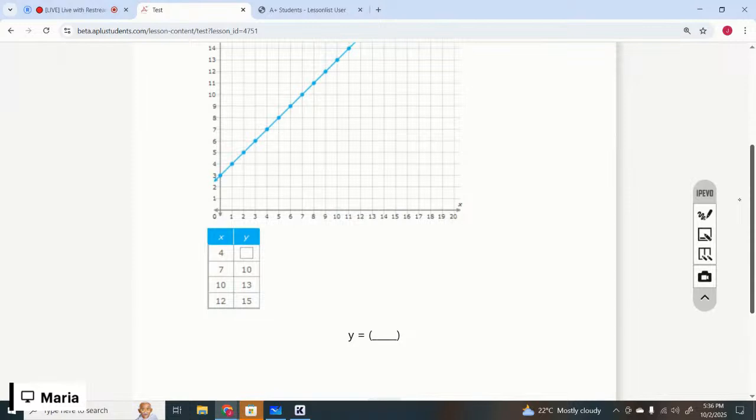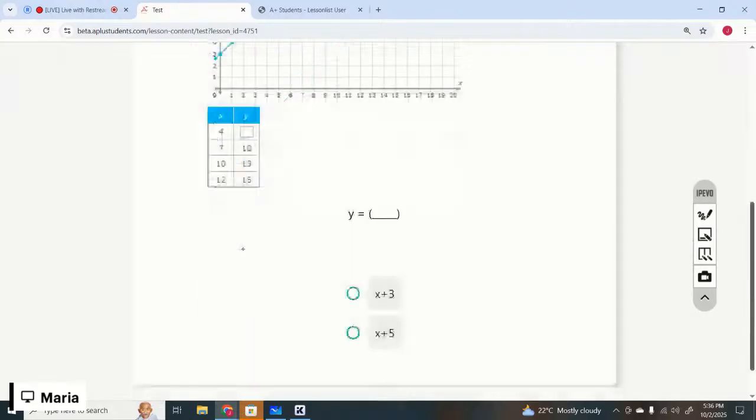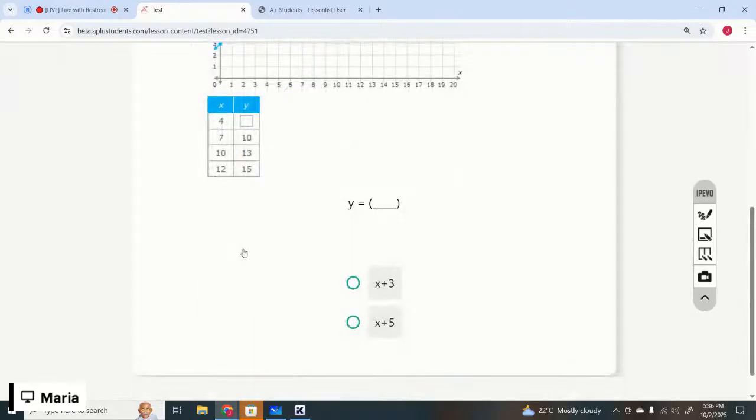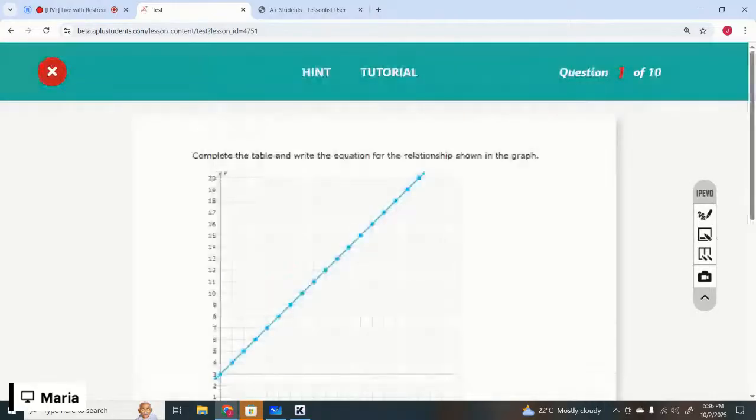Oh, that's the one we just did. X is 4, y is 7. Yes, so the equation is y equals x plus 3. Option number 1 is the correct option.